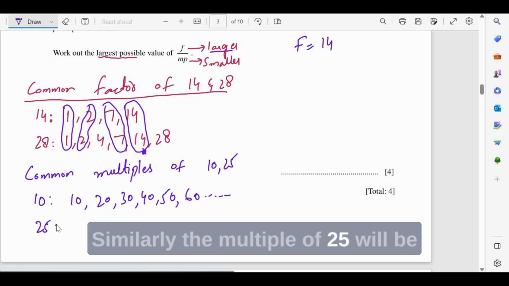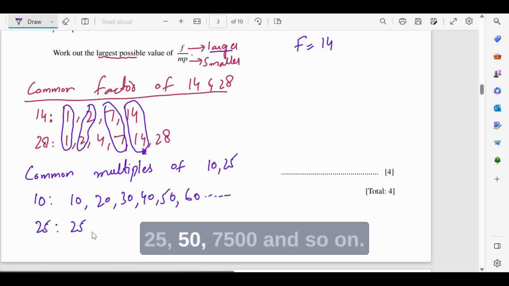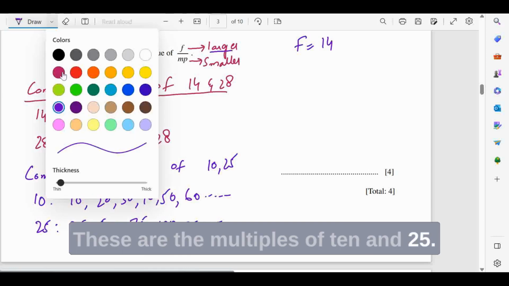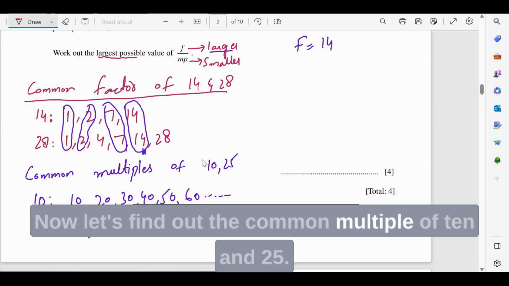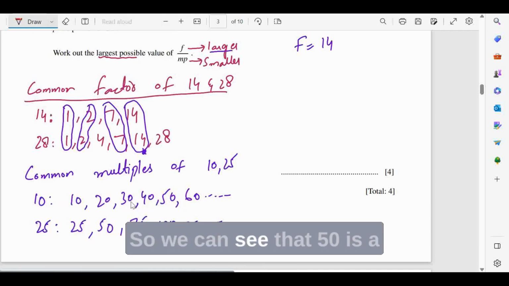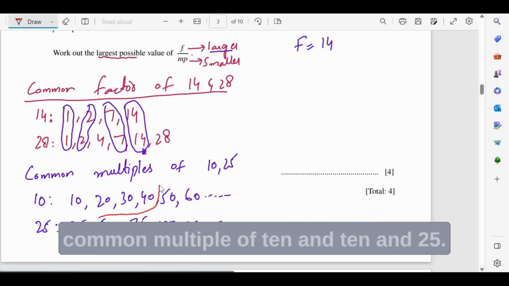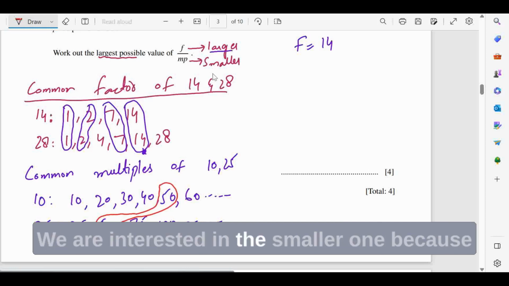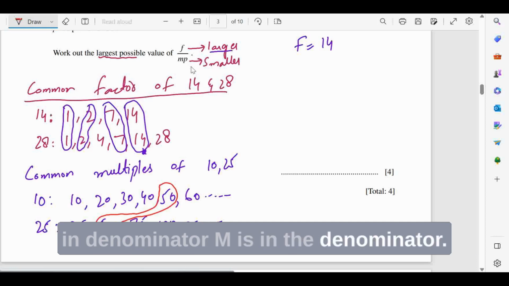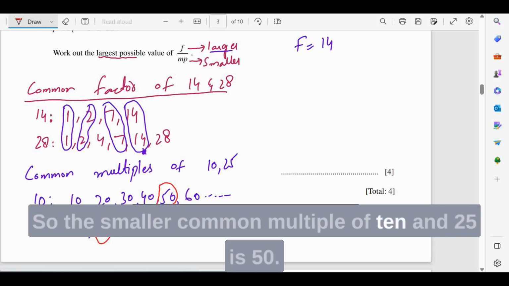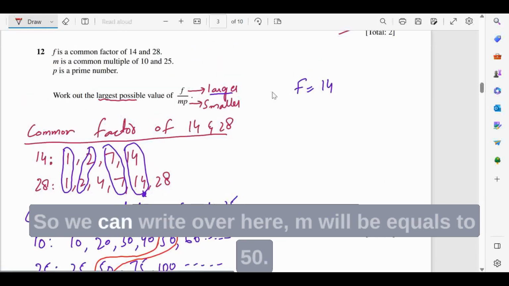Similarly, the multiples of 25 will be 25, 50, 75, 100, and so on. We can see that 50 is a common multiple of 10 and 25. We are interested in the smaller one because M is in the denominator. So M will be equal to 50.